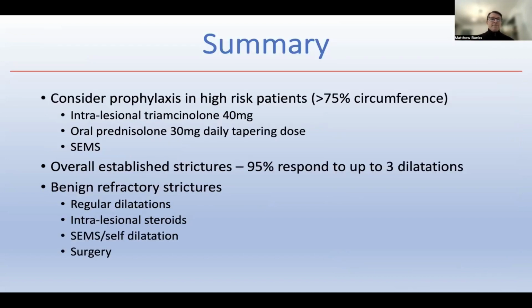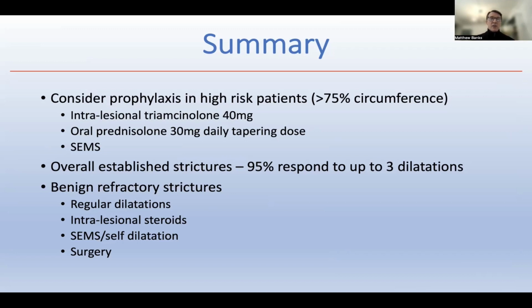So in summary, the risk of strictures in patients having endoscopic therapy is very much dependent upon the extent of resection, with risk between 5 and 17% overall with EMR and ESD, and the risk with ablation is about 6 to 7%.